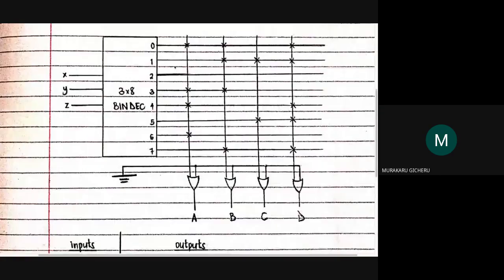Okay, similarly for address 1, we'll have 0, 1, 1, 1. For address 2, we'll have all zeros. For address 3, we'll have 1, 1, 0, 0. For address 4, we'll have 1, 0, 0, 1. Address 5, we'll have 0, 0, 1, 1. Address 6, we'll have 1, 0, 0, 0. And address 7, we'll have 0, 1, 0, 1.